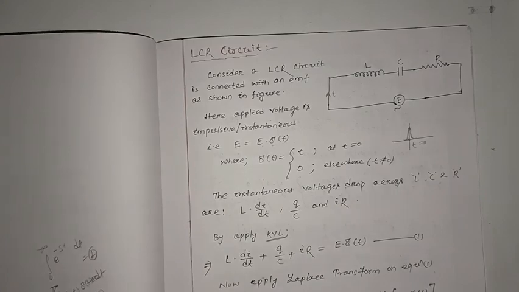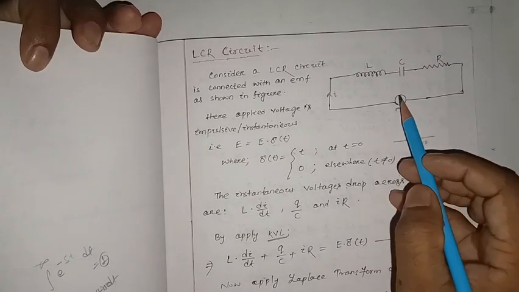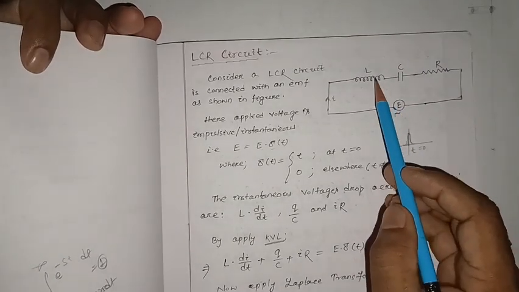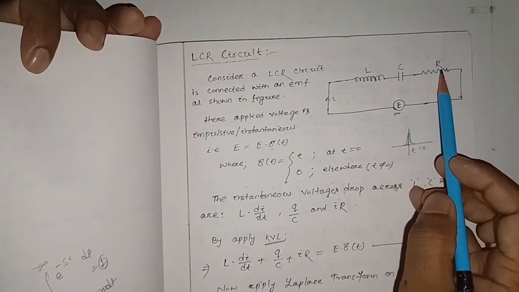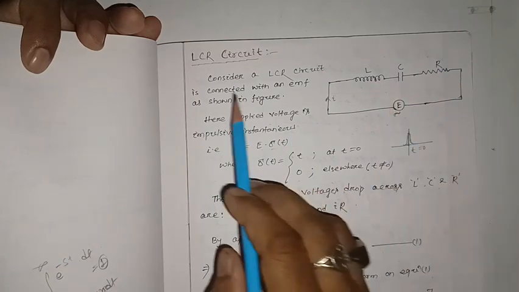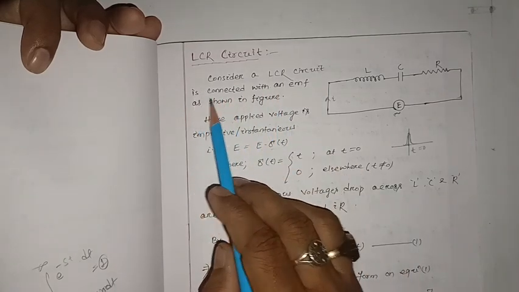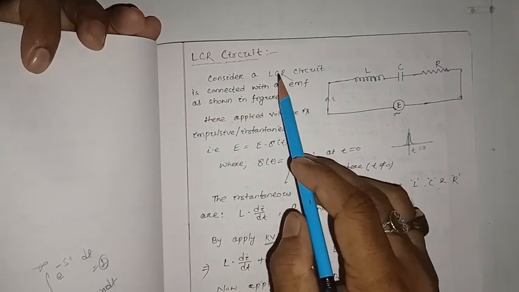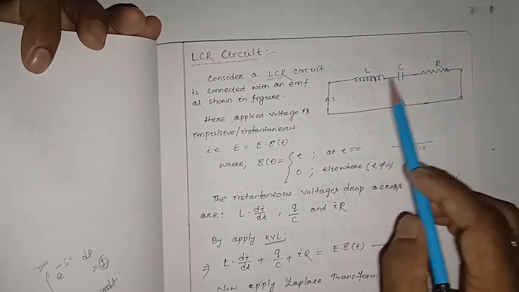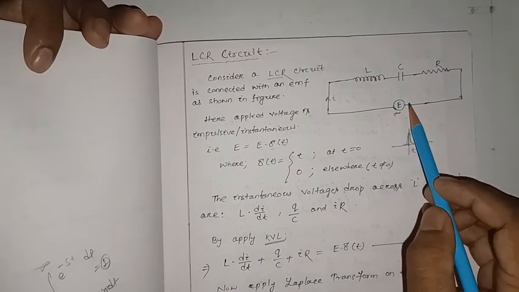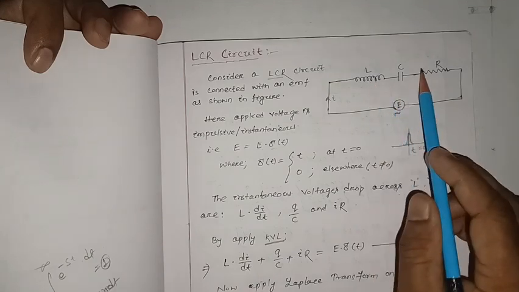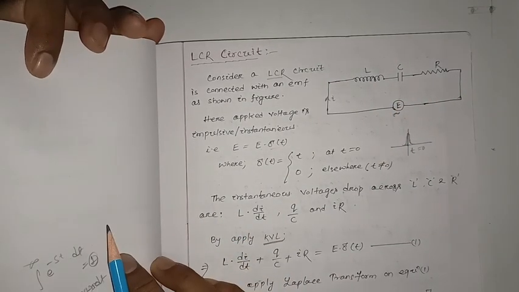Okay, so let's start. From the figure, you can see that inductance, capacitance, and resistance are connected in series. Consider the LCR circuit is connected with an EMF. So here LCR circuit means three elements are connected with each other in series, and an EMF is connected with this circuit.